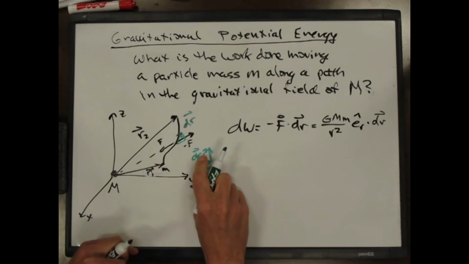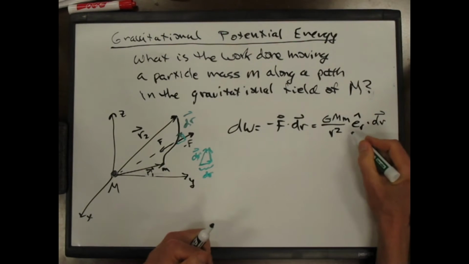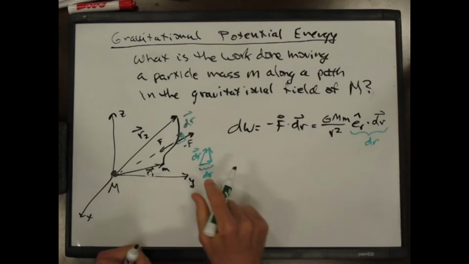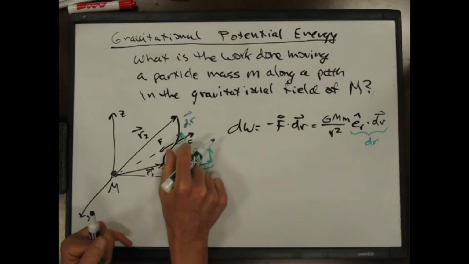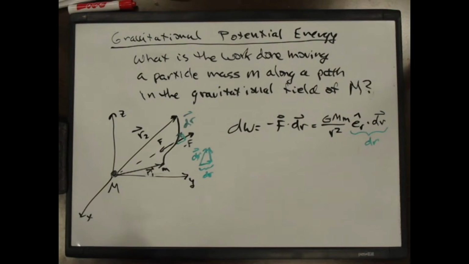You might think that's the length of this one, but it's not. It's the radial separation. So we're going to say the dot product of these two is dr. That is, it's the radial distance that I move in the process of moving this little dr vector step.